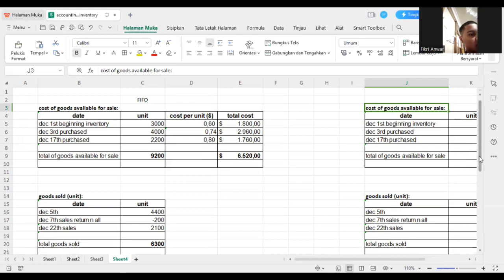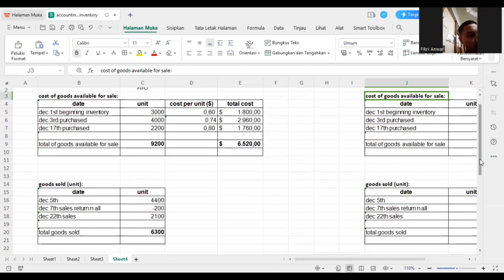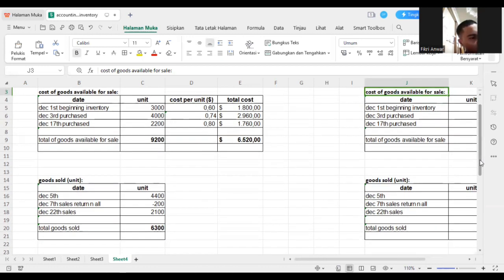The next is 7 December purchase. We have 2,200 units, and the cost per unit is $80. $80 times 2,200, and the total is 1,760.